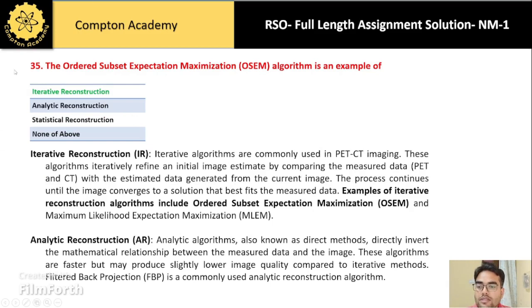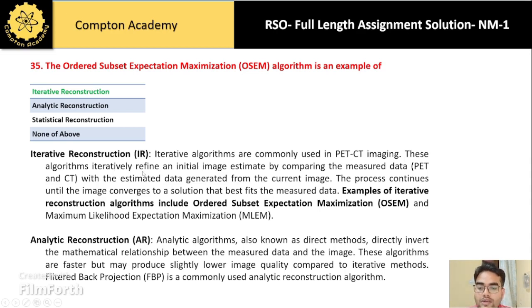Now the question number 35, the ordered subset expectation maximization OSEM algorithm is an example of. This is an example of iterative reconstruction. Iterative reconstruction algorithms are commonly used in PET CT imaging.